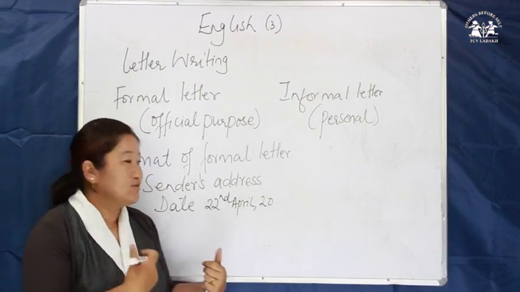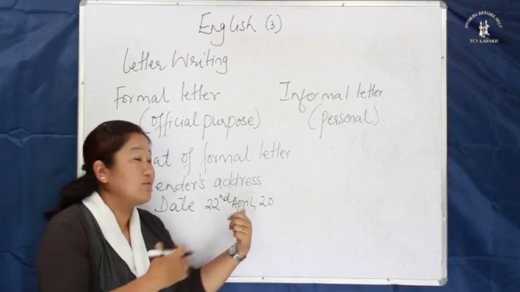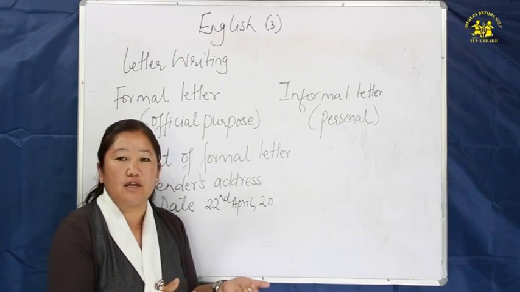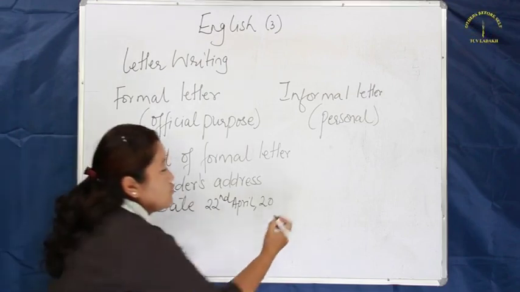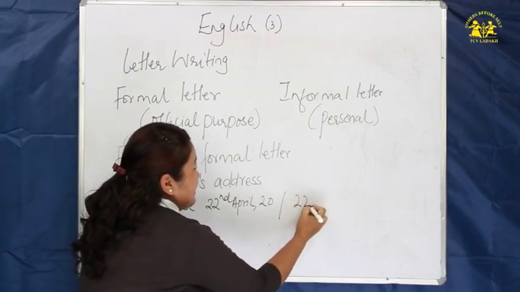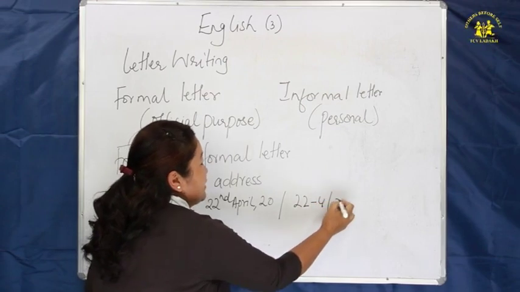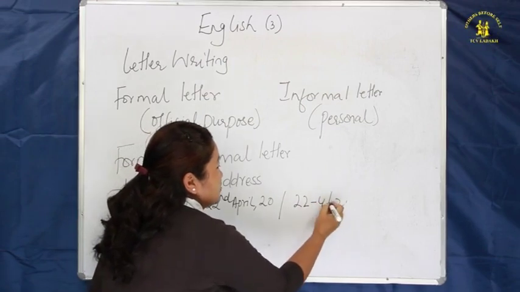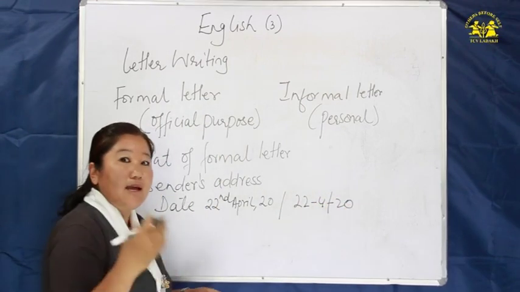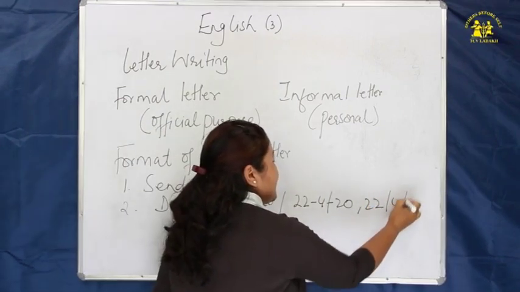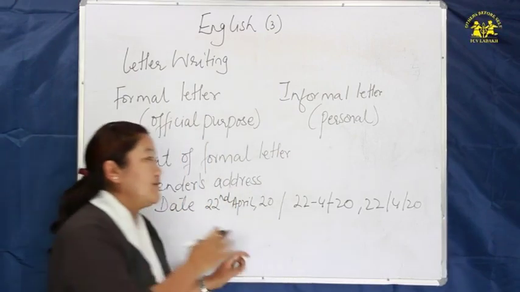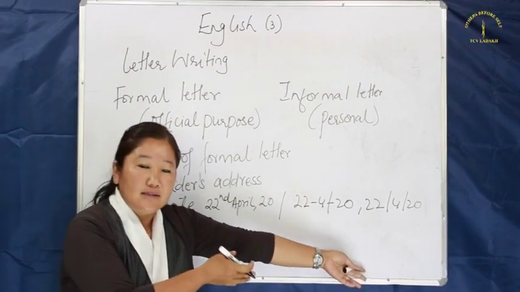I prefer my students to write in this way so that it will not create any kind of confusion. Most of the time there are some students who write 22nd, then 4, then 20, and others who write 22nd-4/20. There are different ways of writing the date.